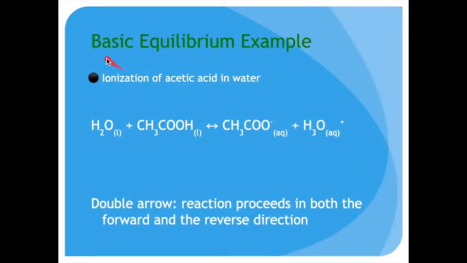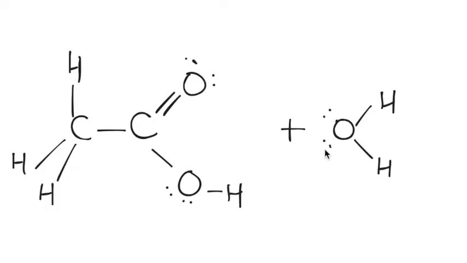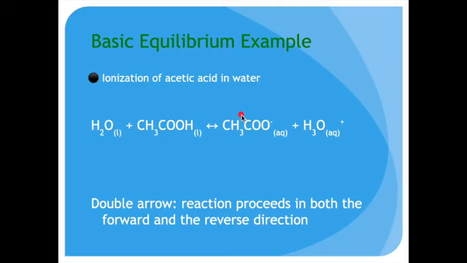A simple example of equilibrium in chemistry would also include the ionization of acetic acid in water. The proton leaves the acetic acid as it is solvated by the water, making hydronium, H3O+, and the acetate ion. This process, up to this point, has been indicated as something that moves forward, and that's it.